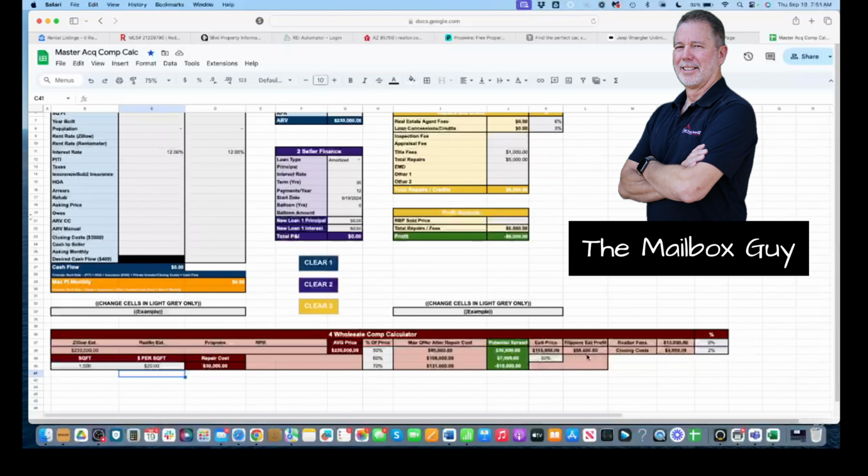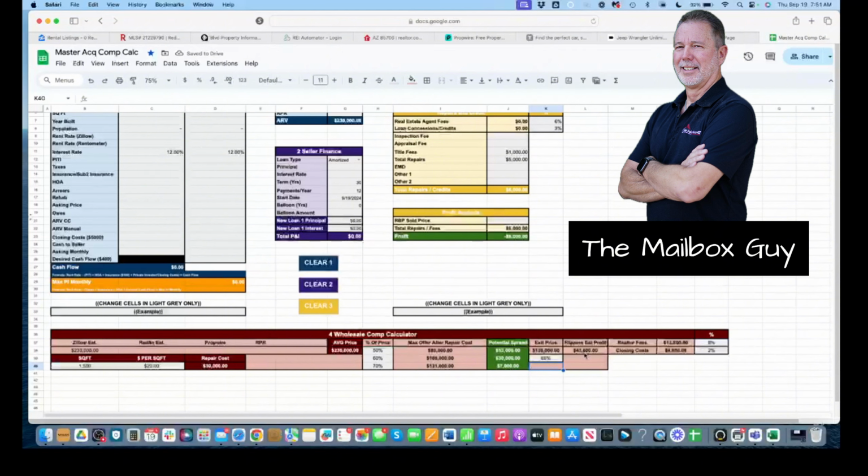Here's where you can play with the number. At 70%, we lose money. At 60%, we're only making $7,000. Right now, this is not a deal if we're going to buy it at this number and sell it to him at this. So we can take this number and play with it a little bit, and let's move it up to 60. Now it changes all the numbers.